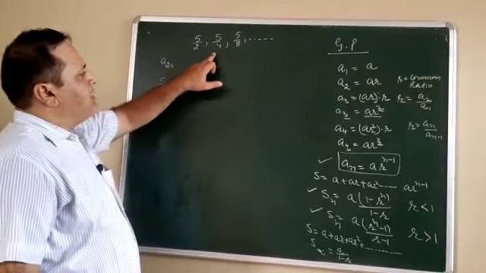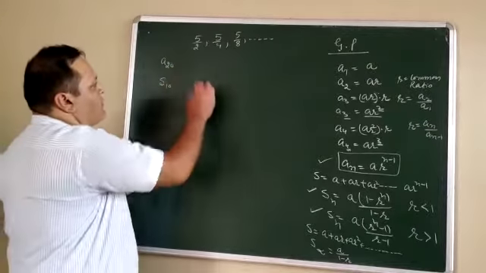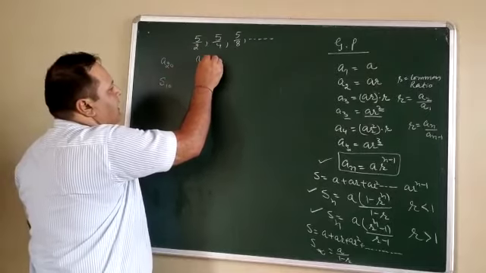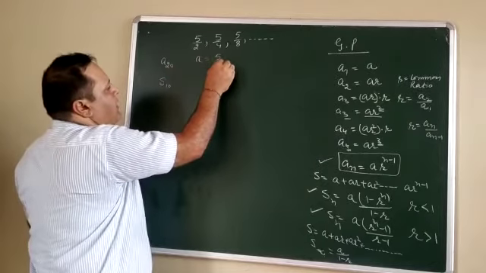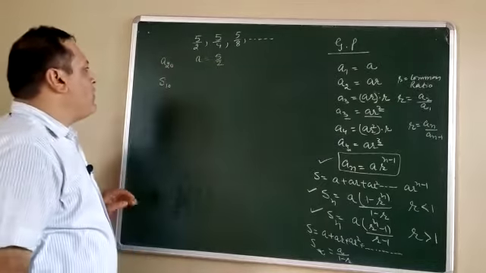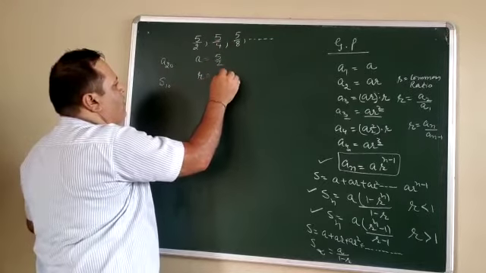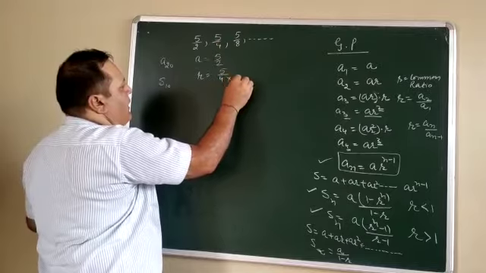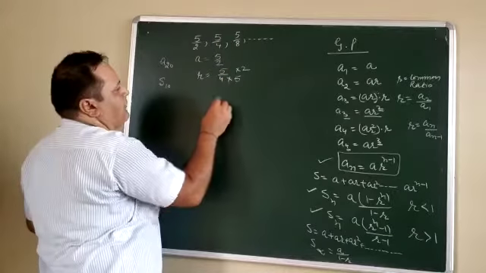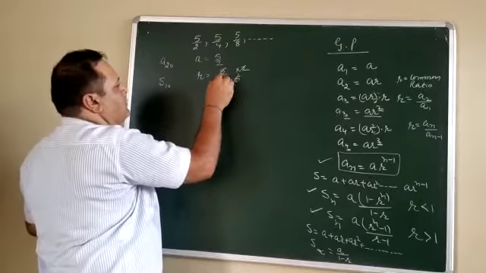Now let us discuss one question. See this one. A sequence is given to you. First of all, if you observe in this sequence, a equals 5 by 2. Now find the common ratio r, that equals 5 by 4 divided by 5 by 2. Divide. So 5 gets cancelled, 2 gets cancelled.